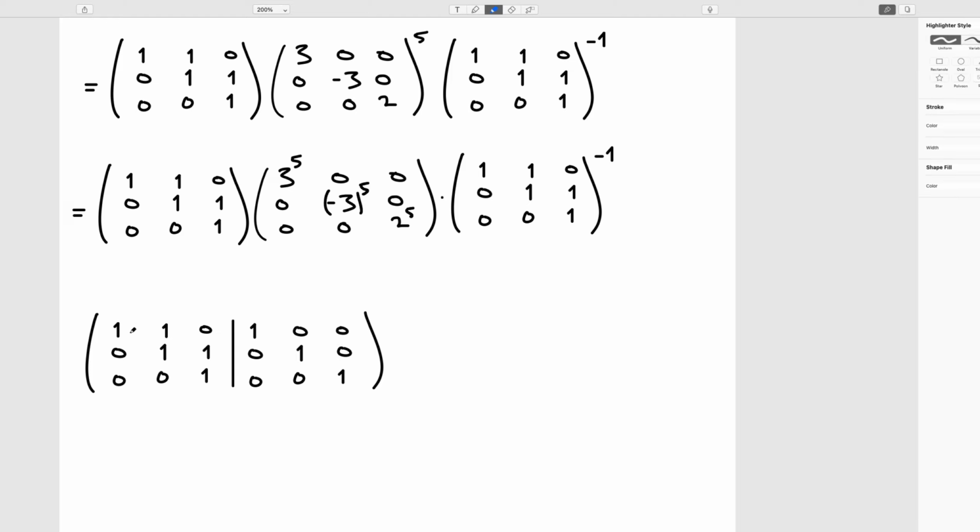Now the first column is good. The only thing we are left to do is get rid of this and this. So we'll do that in 2 steps. Okay. So let's do the following. So I'm going to get rid of this using R2. So this is in row number 1. So let's do R1, which we'd like to change, becomes R1 minus R2.